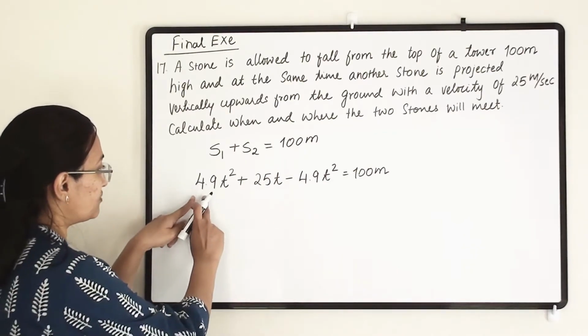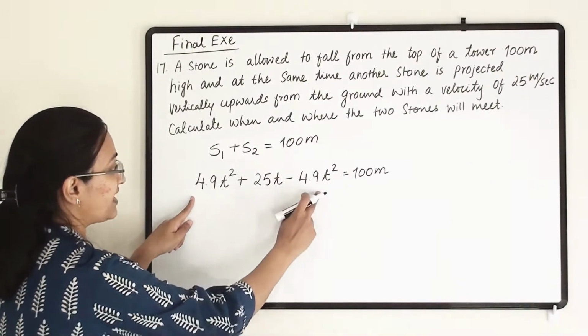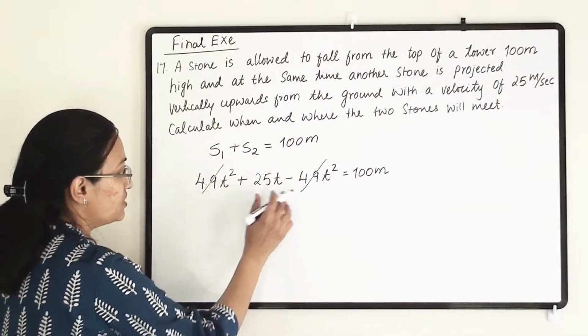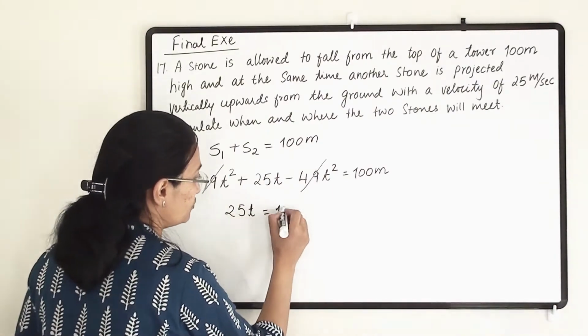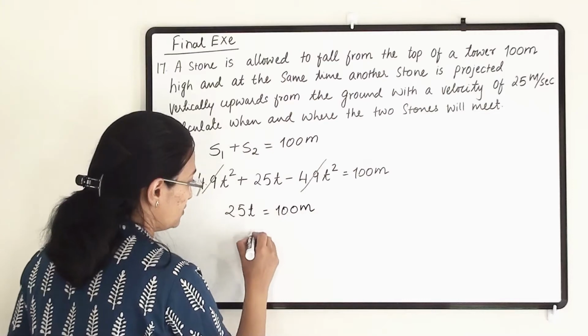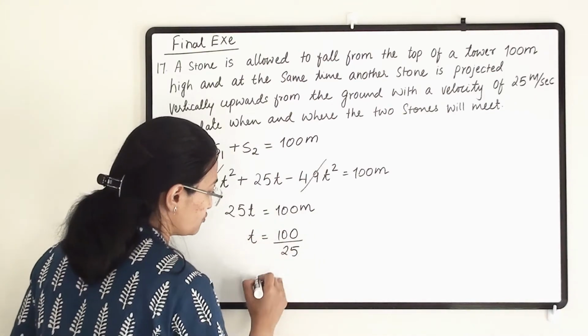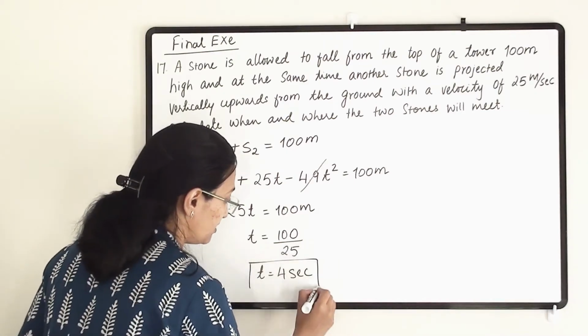You can see here 4.9 t square and 4.9 t square have opposite signs, so we can cancel out these two terms. So we get 25t equals 100 meter. So t equals 100 divided by 25, so t equals 4 seconds. So here we got the time.